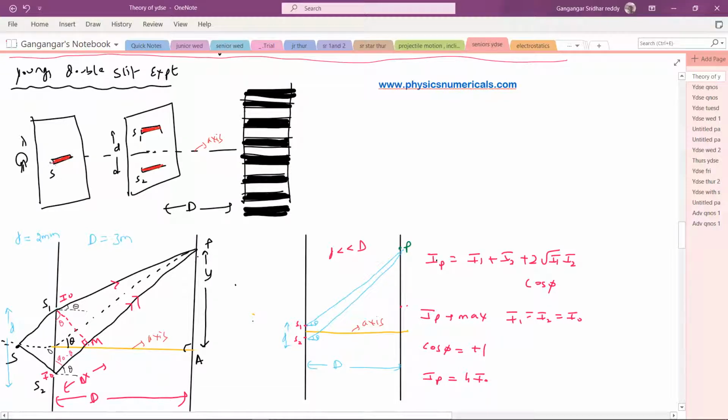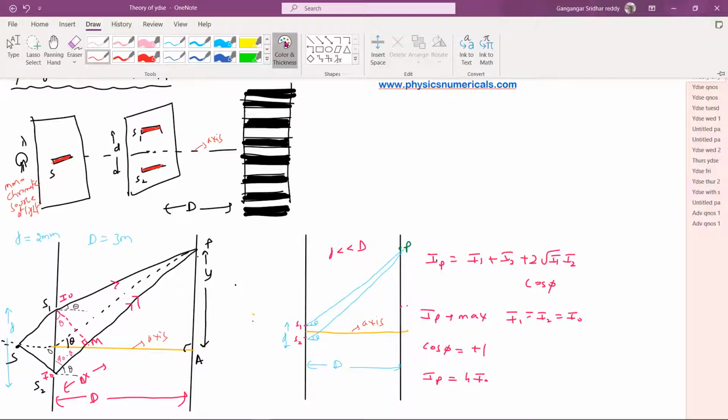When I illuminate the slit S by a monochromatic source, on the screen what we get is alternate bright and dark fringes. Alternate bright and dark fringes is what we notice here.